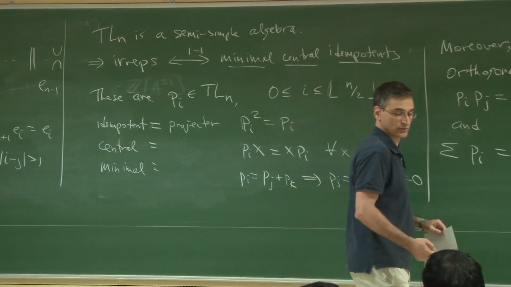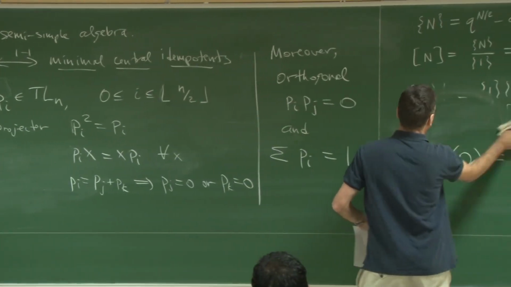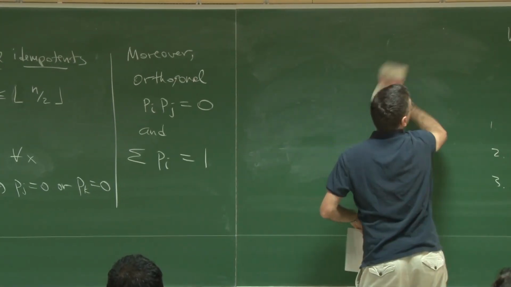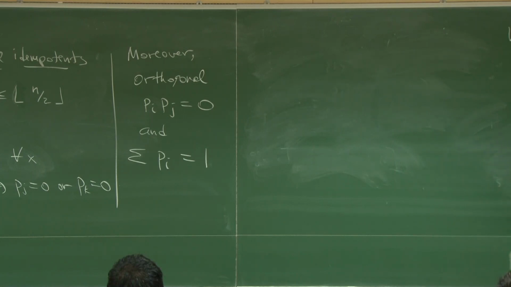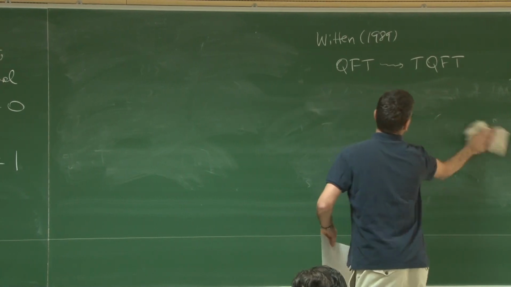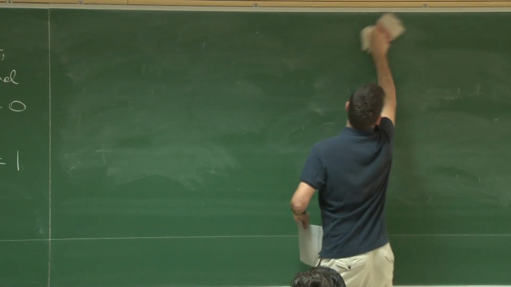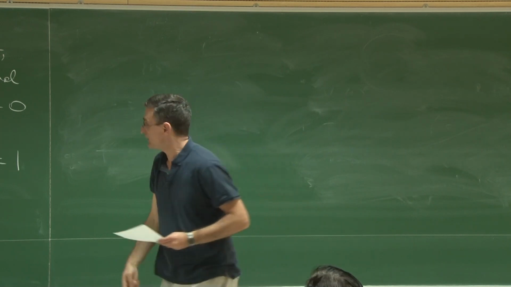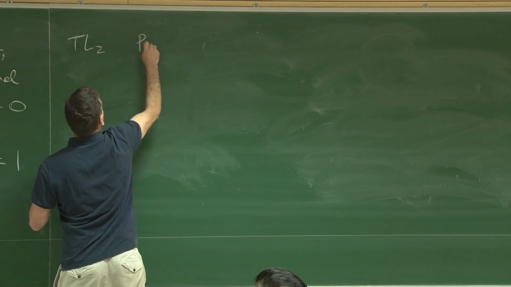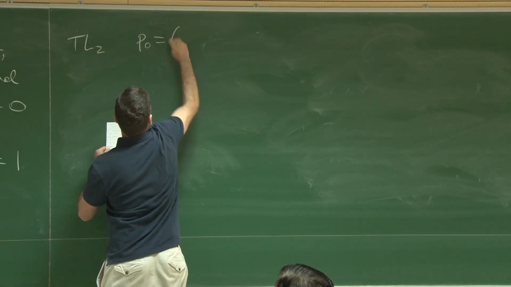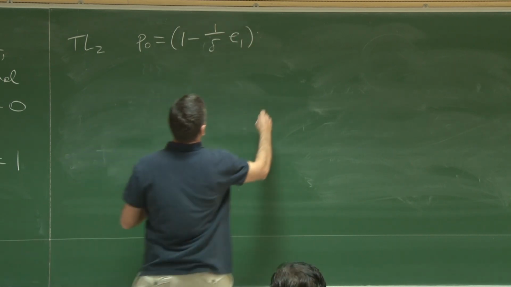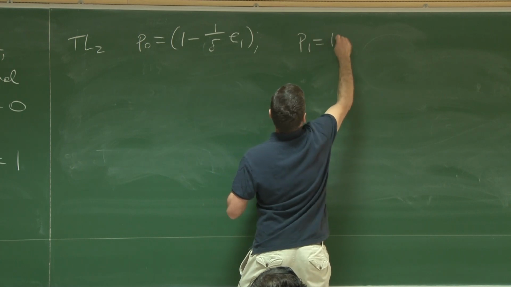What do they look like? Here's what they look like, just to give you a sense of what we're talking about at all. In TL2, P0 is equal to 1 minus 1 over delta E1. And then P1 is just 1 minus P0.